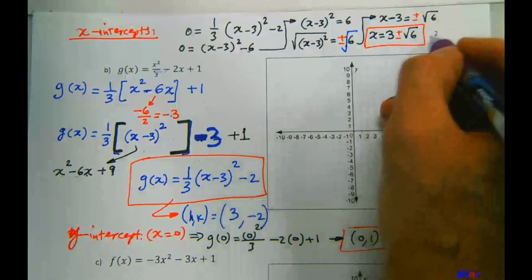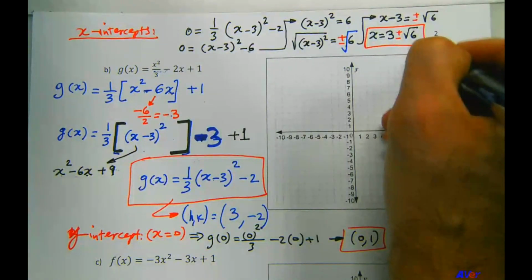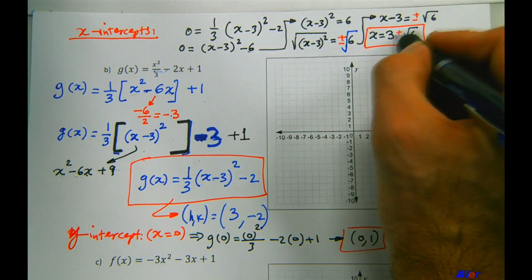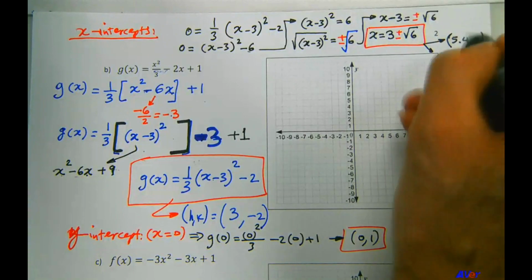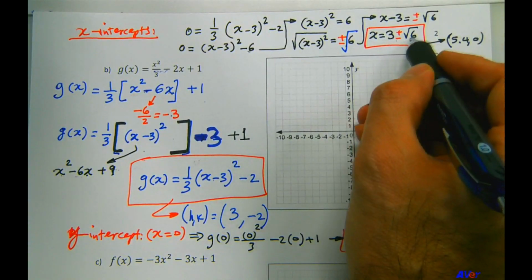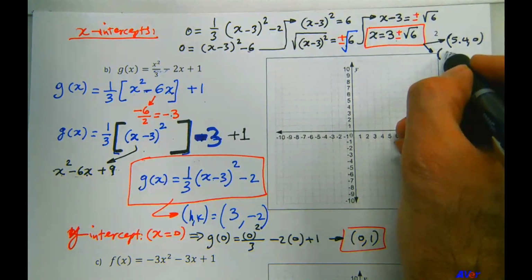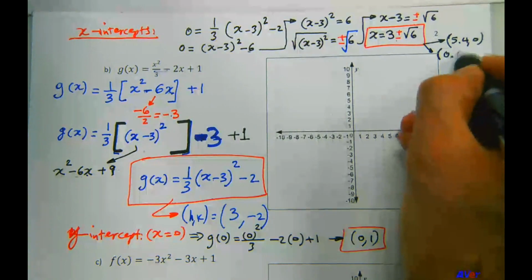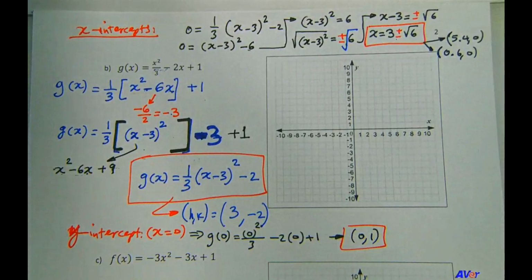So one of them will be at 3 plus 2.4, which is 5.4 comma 0. The other one is 3 minus 2.4, which will be roughly 0.6 comma 0. Okay, so we have everything we need to graph this.